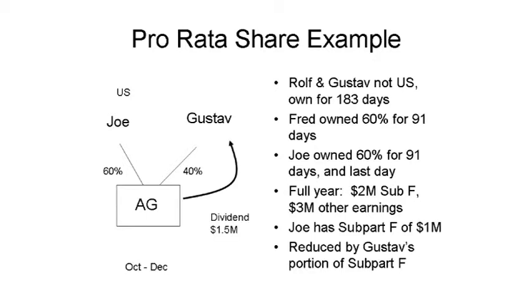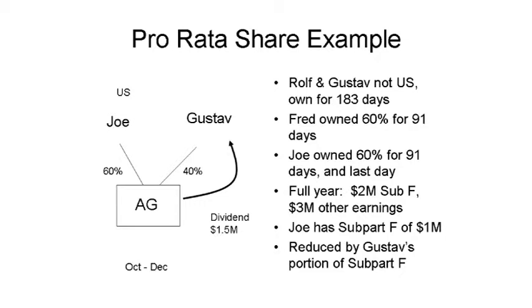This is reduced, however, by part of the dividend to Gustav. That part is limited to the dividend Gustav would have received if the dividend had been only the total Subpart F income times the portion of the year Gustav held the shares. Since he owned 40% of the shares all year, the reduction is 40% of the $2 million Subpart F income, or $800,000.